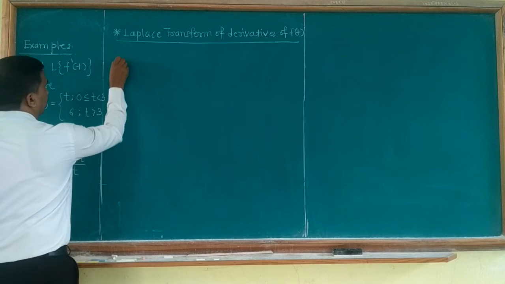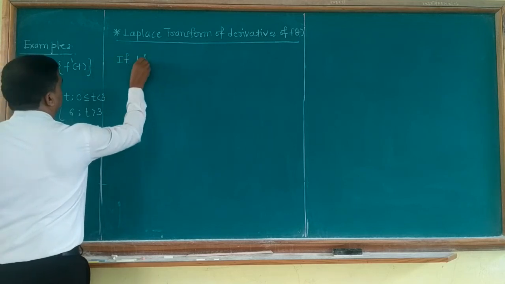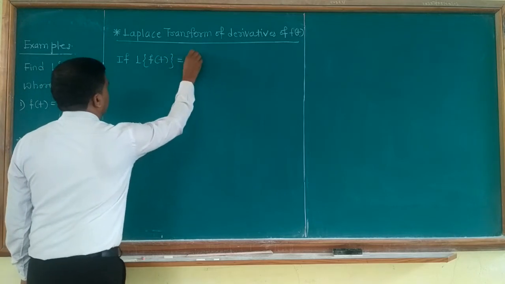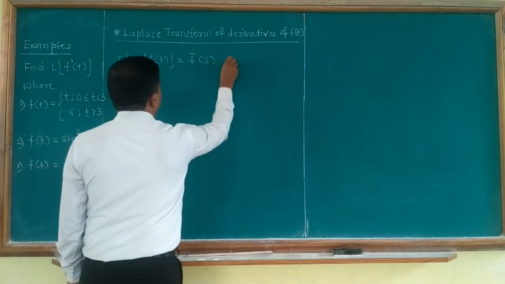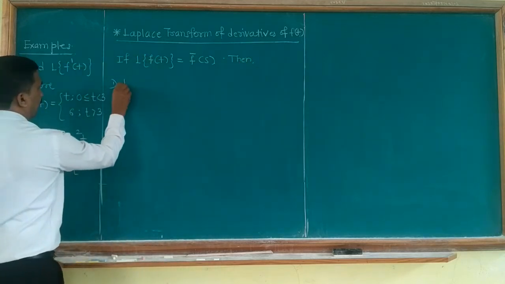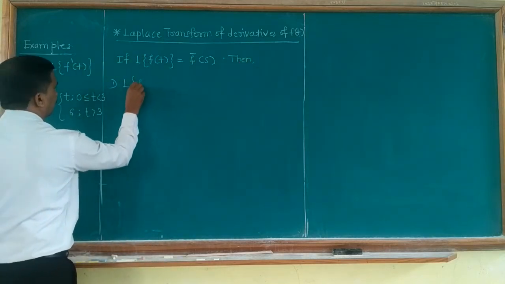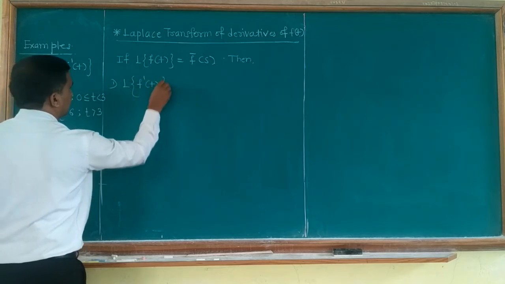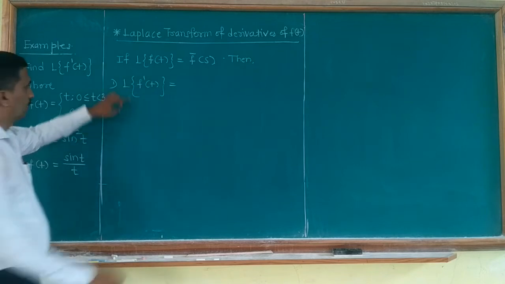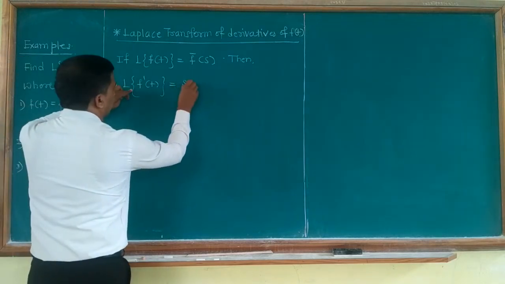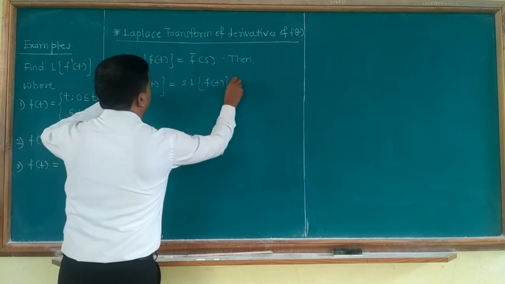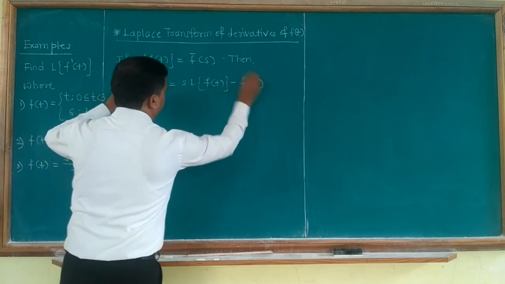So if the Laplace transformation of f of t is equal to f bar s, then first, the Laplace transformation of f dash t, that is the first derivative of f of t, is given by s into the Laplace transformation of f of t minus f of 0.